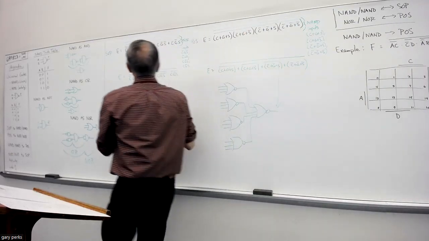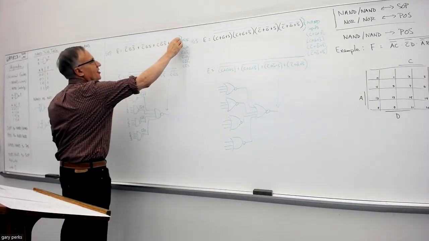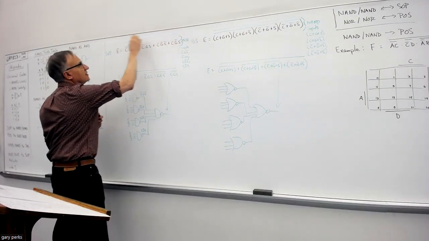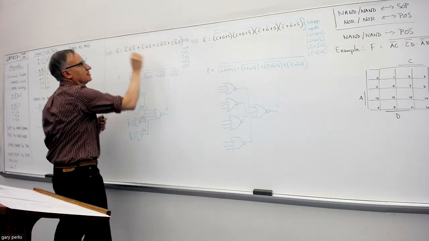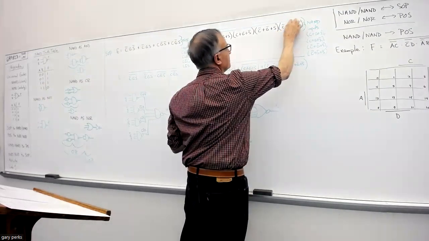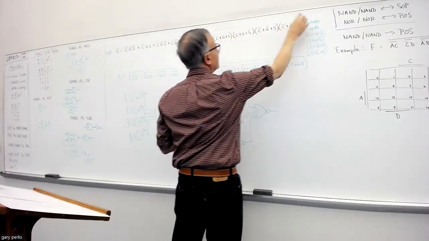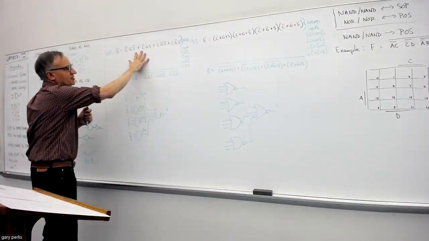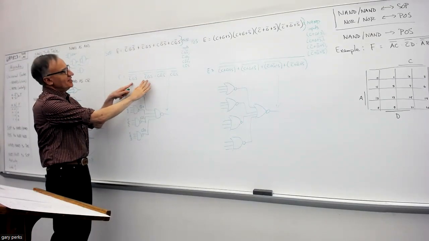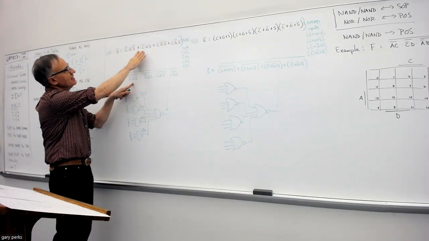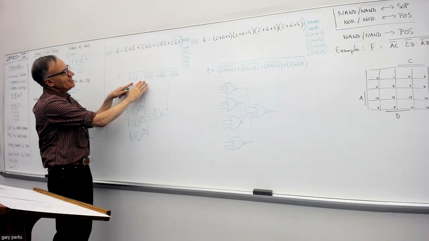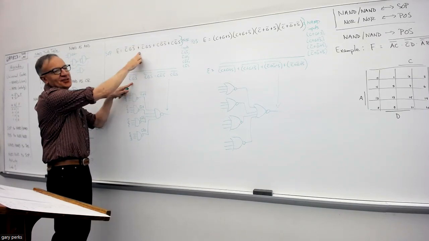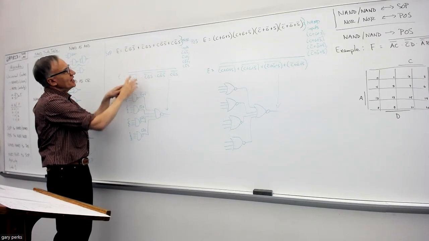Also, if you look at what we started with, let me take these away. Remember, we started with SOP. Now look, if you look at NAND and SOP, can you see it's easy to go the other direction?